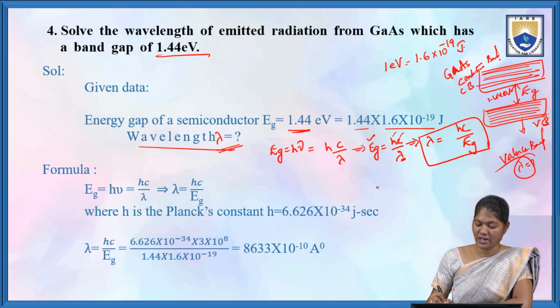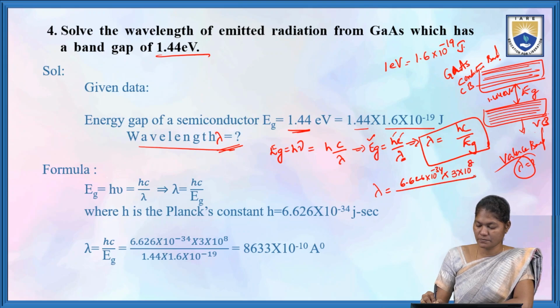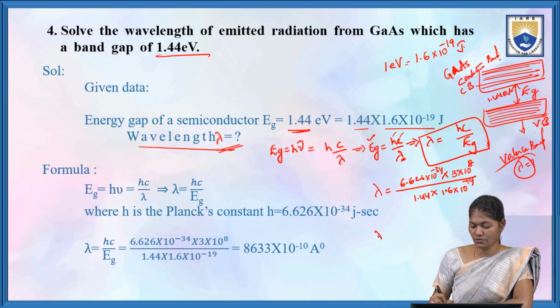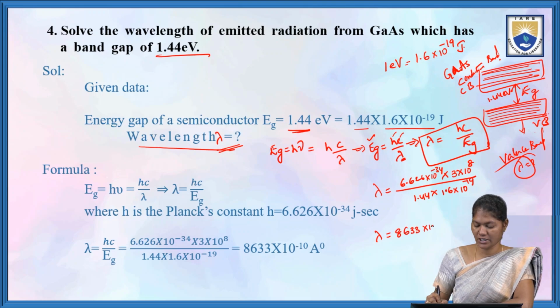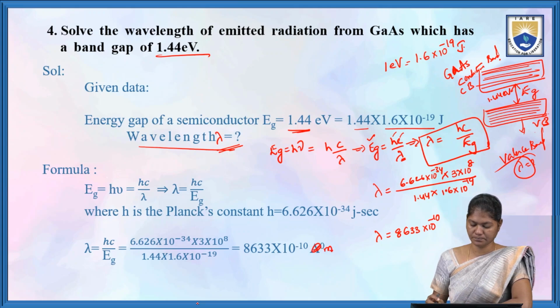Let's substitute the values: h is 6.626 into 10 power minus 34, into the velocity of light 3 into 10 power 8 meters per second, divided by 1.44 into 1.6 into 10 power minus 19 joules. Calculating this, we get 8633 into 10 power minus 10 meters.